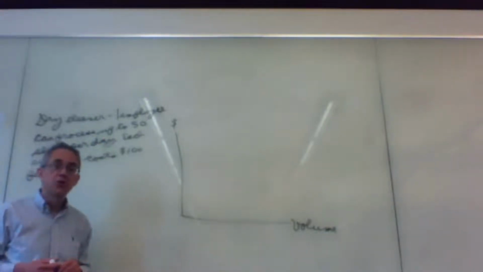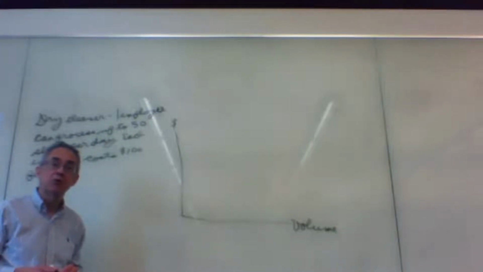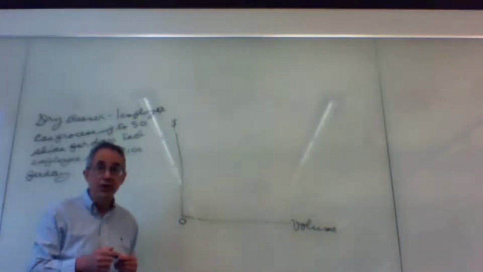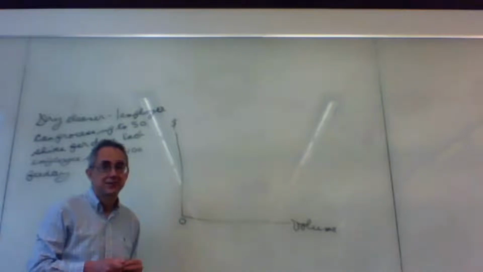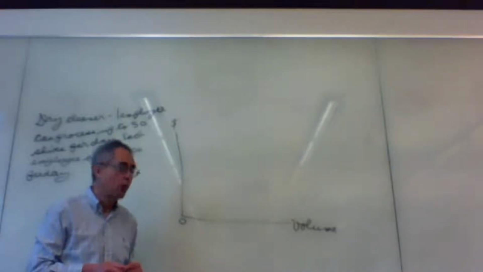So up to 50 shirts per day, you'll see why we have to narrowly define the relevant range here for a step cost function. So first of all, if we had 0 shirts processed per day, obviously we need how many employees? 0. How much does it cost each? 0, you betcha.